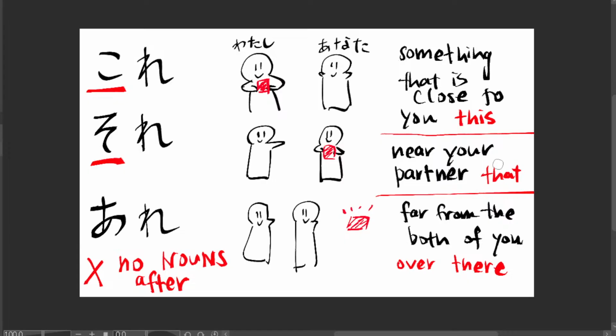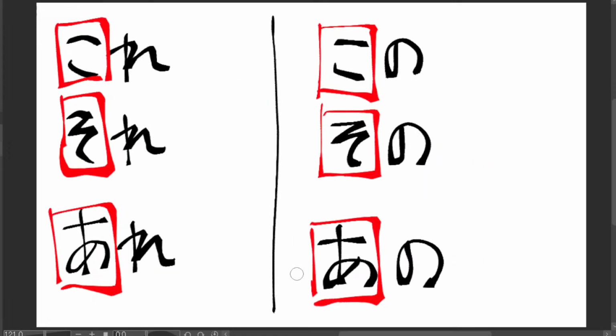And あれ, you use if you want to talk about something that is far from both of you when you're speaking. So if it starts with ko, it's close. If it starts with so, it's close to your partner. If it starts with a, it is far from both of you. This is the same for kore, sore, are, kono, sono, ano, and it will be the same for places.